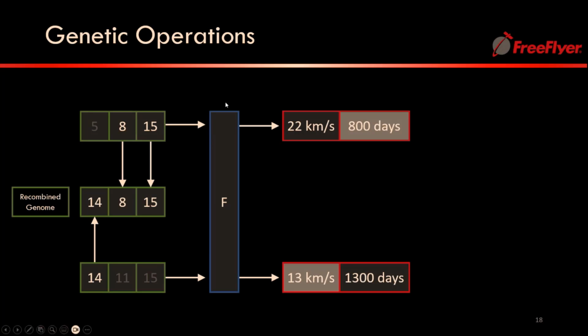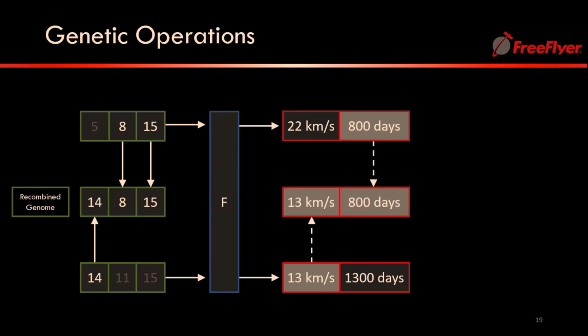In other words, we will take most of this first transfer sequence, and then we'll take a small portion of the second transfer sequence, and we'll put them together. And the hope is that the new recombined genome that we've created retains the positive elements of both solutions and gets rid of the non-desirable traits from both of them as well.